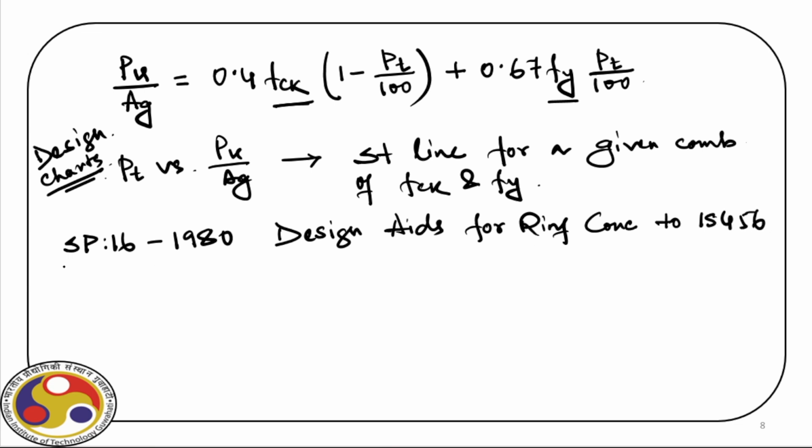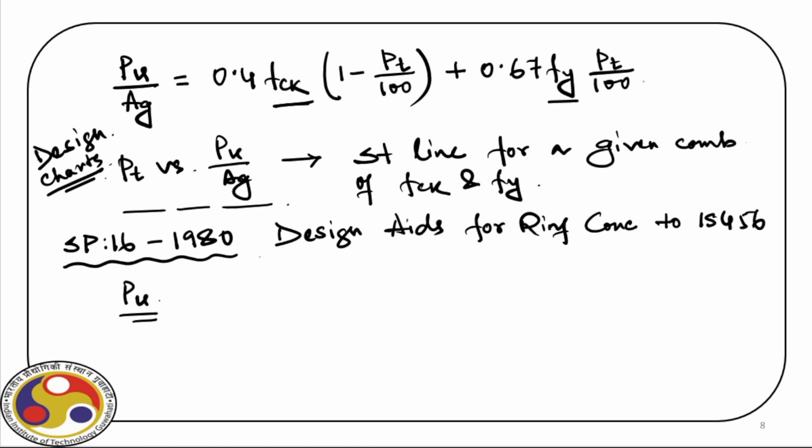So we have another guideline SP16 where we get this type of design charts, and from that chart directly we can read these values of Pu by Ag for a given percentage of steel. And because we already set Ag, that is the gross cross-sectional area, we can easily evaluate the ultimate load carrying capacity. And these design charts are available for different grades, different percentage of steel.